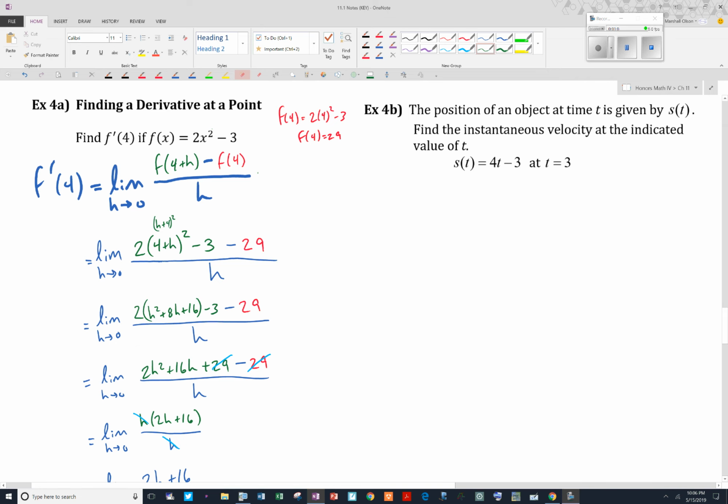You know that this f of 4 plus h means that you're going to be putting 4 plus h into the x value in our function. So that's what it's going to look like. And then you can FOIL this out and come up with the 2h squared plus 16h plus 29.